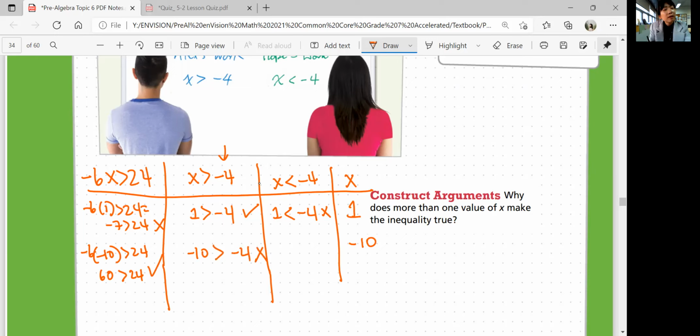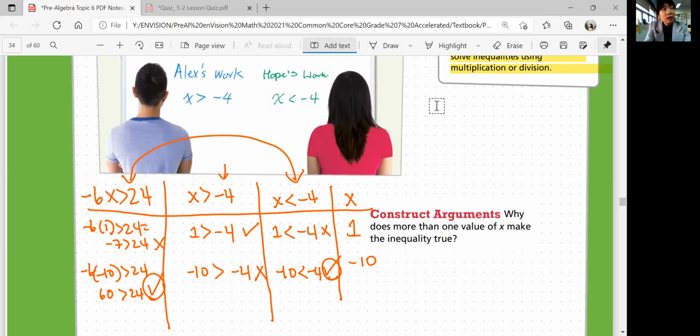No, -10 is less than -4. So here, is -10 less than -4? Yes. So the answer is the same here. So you know x is less than -4 is the answer for this solution. They are supposed to be the same inequality. Why is what we're going to answer later, but right now we know that Hope's work is correct.